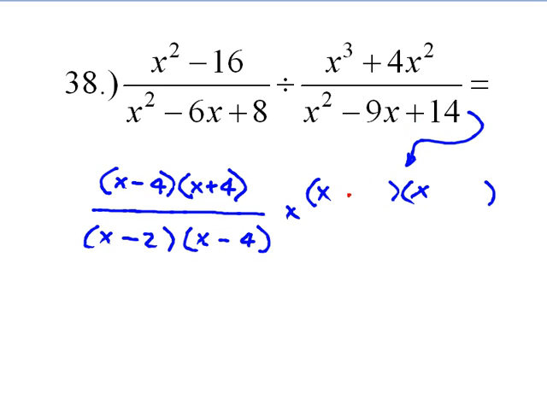Yeah. How about minus 7, minus 2? Negative 7x, negative 2x. Good.